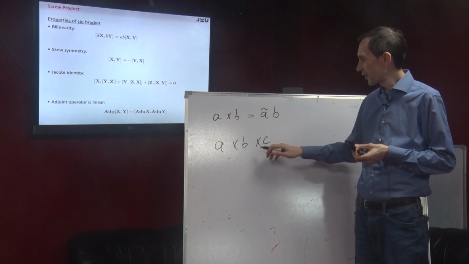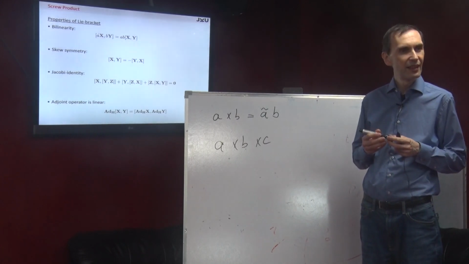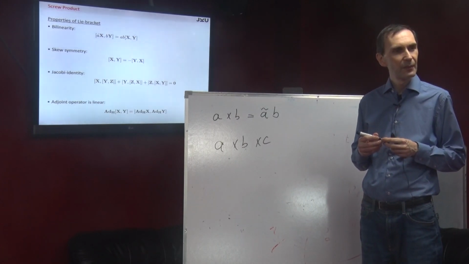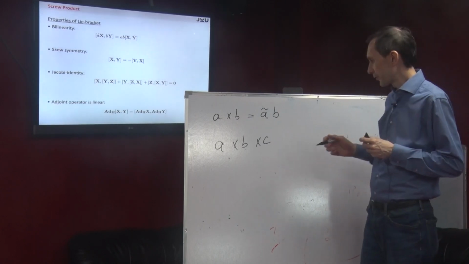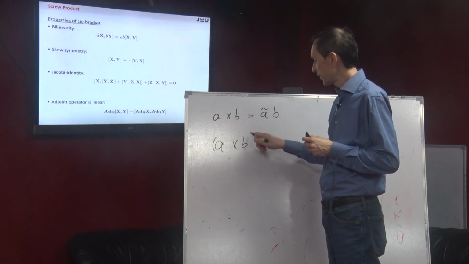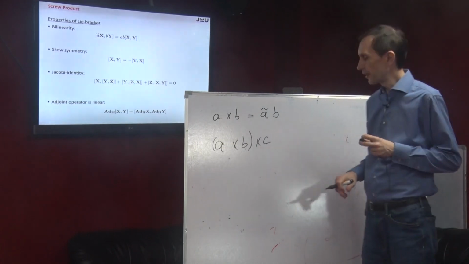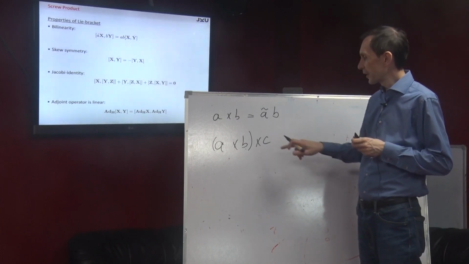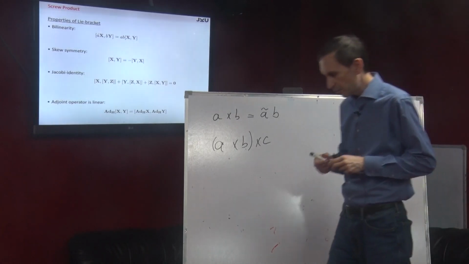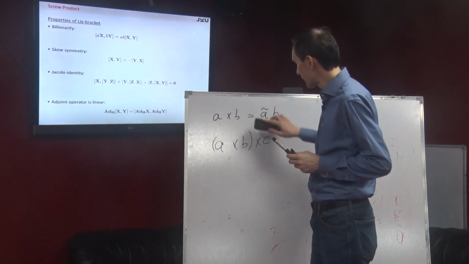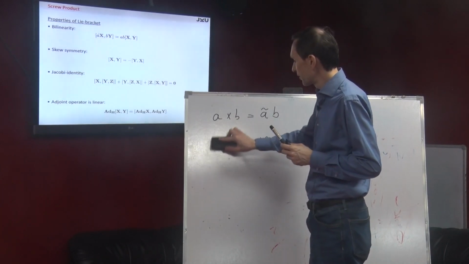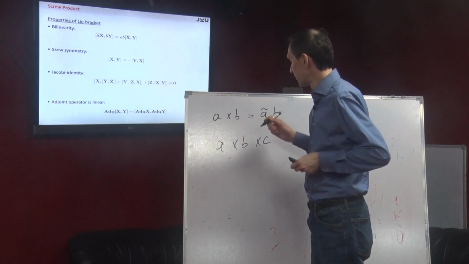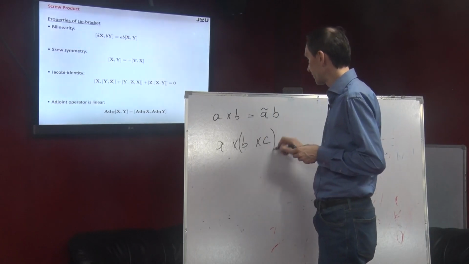Because we will have a vector perpendicular to A and B, and with that perpendicular vector we take the cross product. Oh right. So what you're saying is you take the cross product of A and B, and then take the cross product with C. Okay. Someone else maybe would have said the opposite, because it doesn't say, right? Here it is not clear, because it could also have been like this.